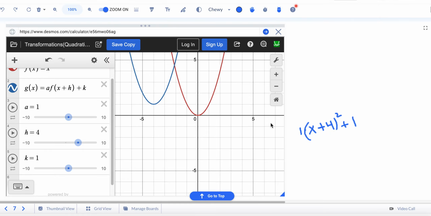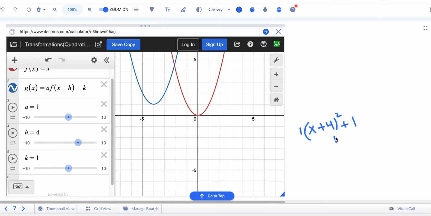So what happened is my graph moved 4 units to the left and 1 unit up. So you move 4 units to the left, 1 unit up. Okay, that's what that did, moved it.